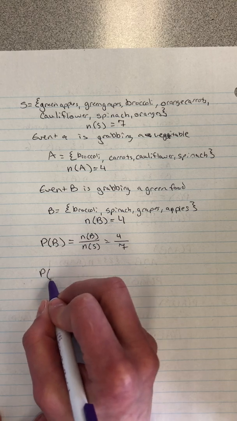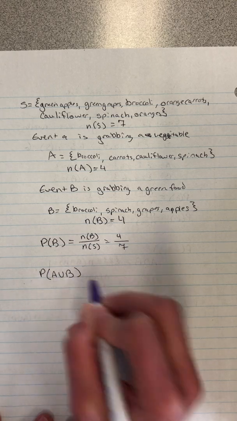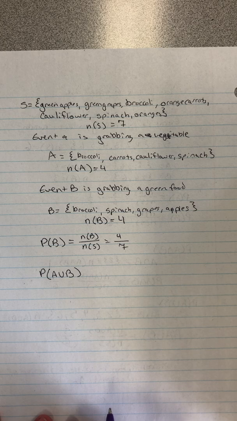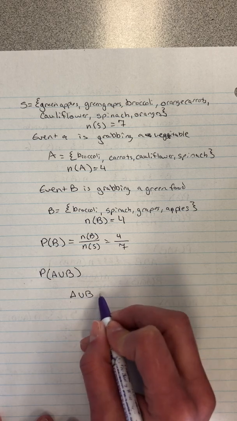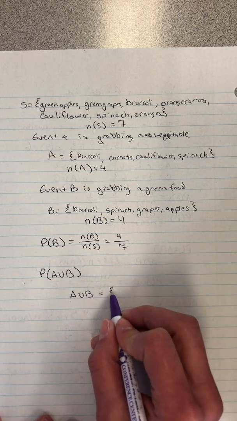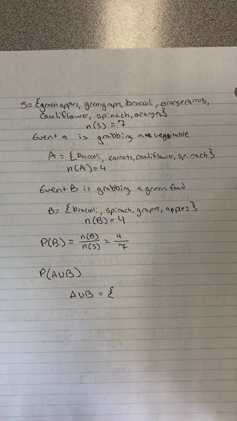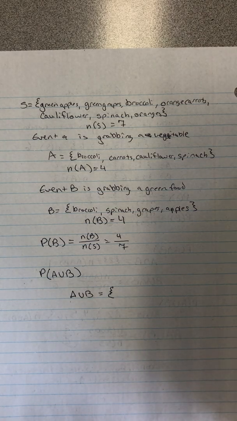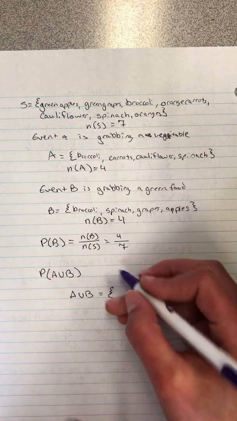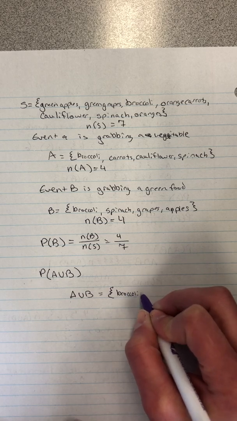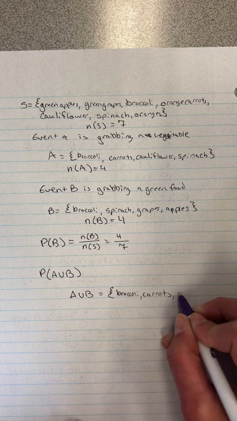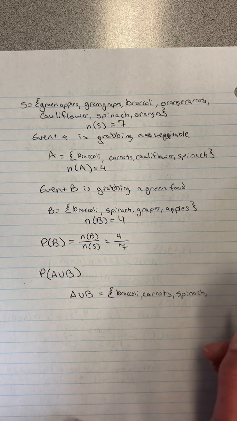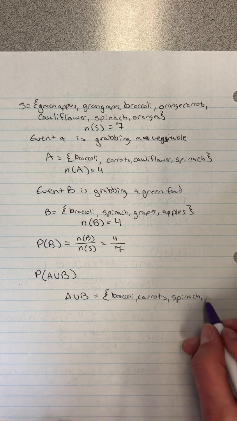Let's do the probability of A union B. Well, let's write out our set for A union B. A union B is everything that they share and everything that they don't share. So basically everything in each of these. First off, I know they both have broccoli. One has carrots. They both have spinach. One has grapes.